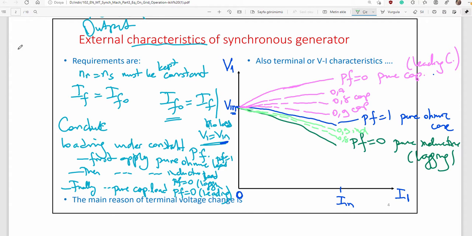But the curvature is like this. That is called the terminal characteristic.